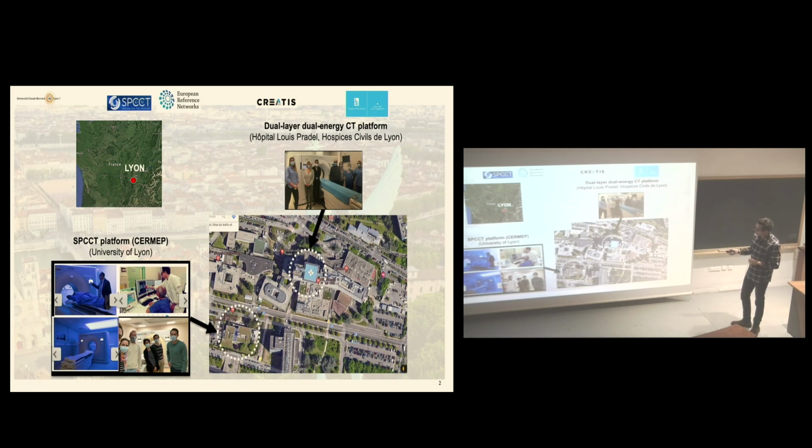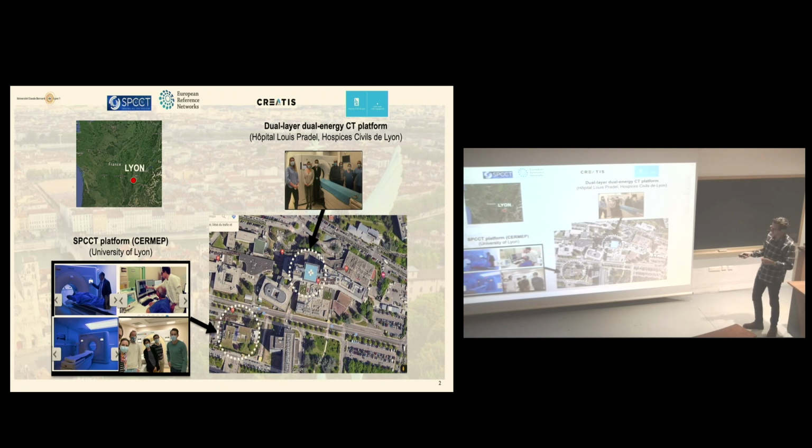So first of all, I'm working in Lyon. The research environment enables us to have a clinical spectral CT in that hospital. This is the H4 hospital, where I'm working as a radiologist for cardiovascular and thoracic imaging. But our research environment also enables us to work on a research animal platform using the first and the only spectral photon counting CT, developed in collaboration with Philips.